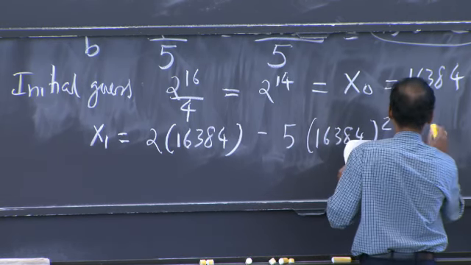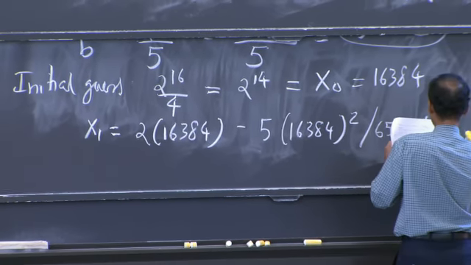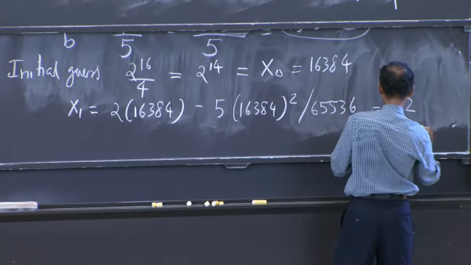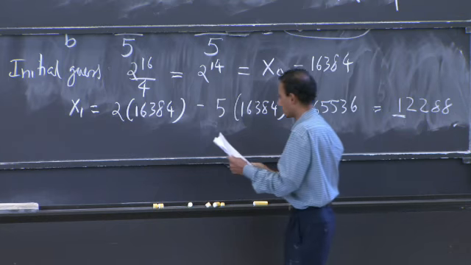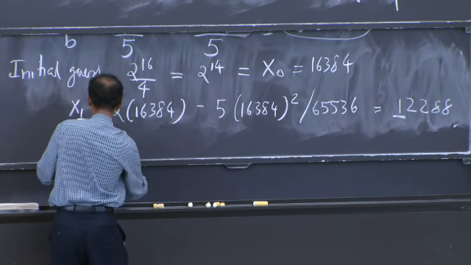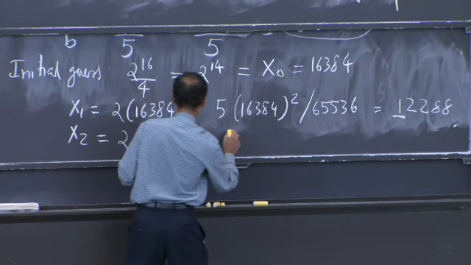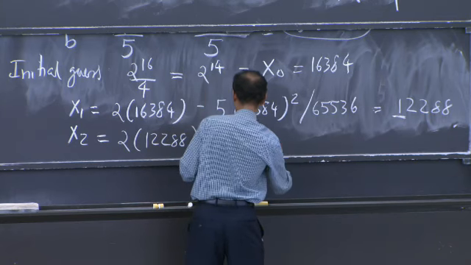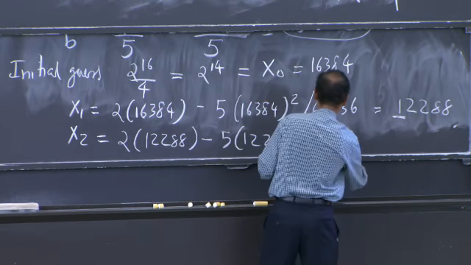And you divide by 65536, and this equals 12288. So you really have like 1 digit of precision there. But the next time around, you get 2 times 12288 minus 5 times 12288 squared, divided by 65536.